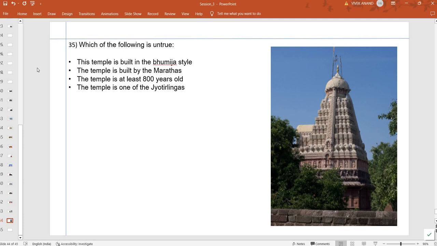And there was no Mughal or Sultanate architecture 800 years ago. It all started after the 14th century. Mughals came in the 15th and 16th century. So it cannot be 800 years old. It is more recent. So the right answer is this.